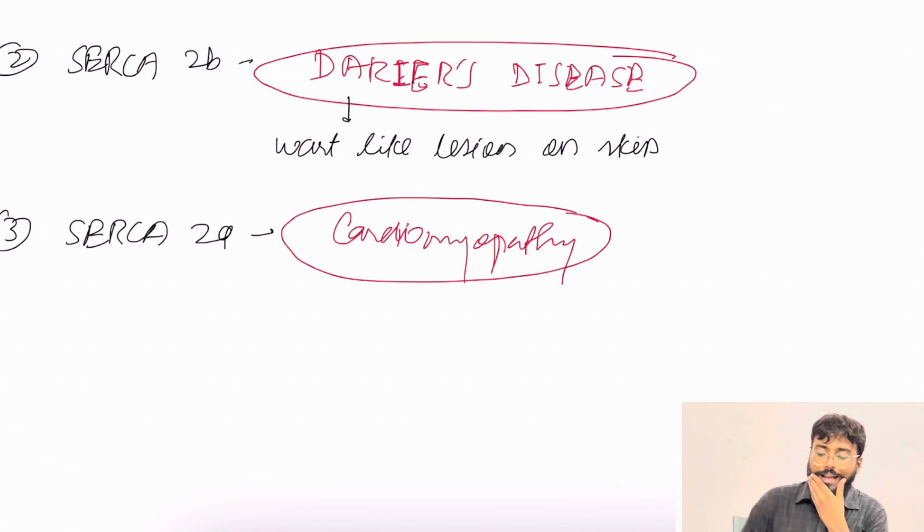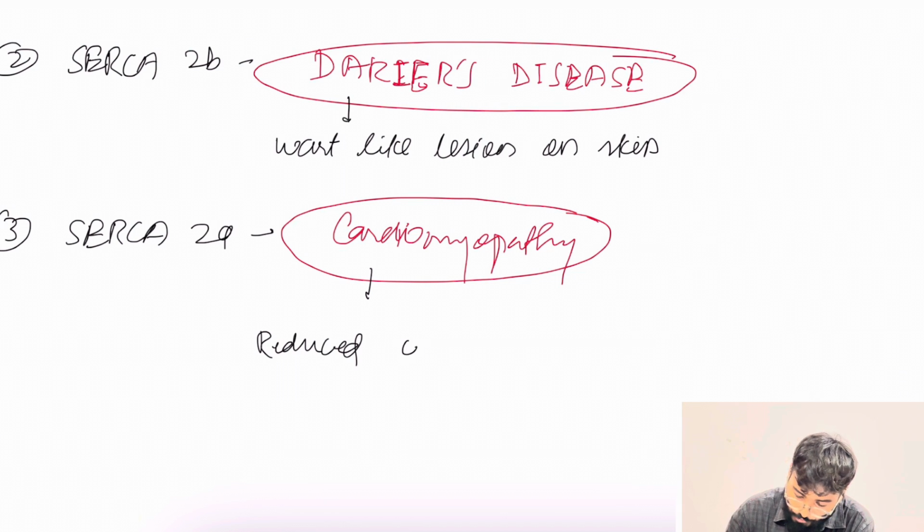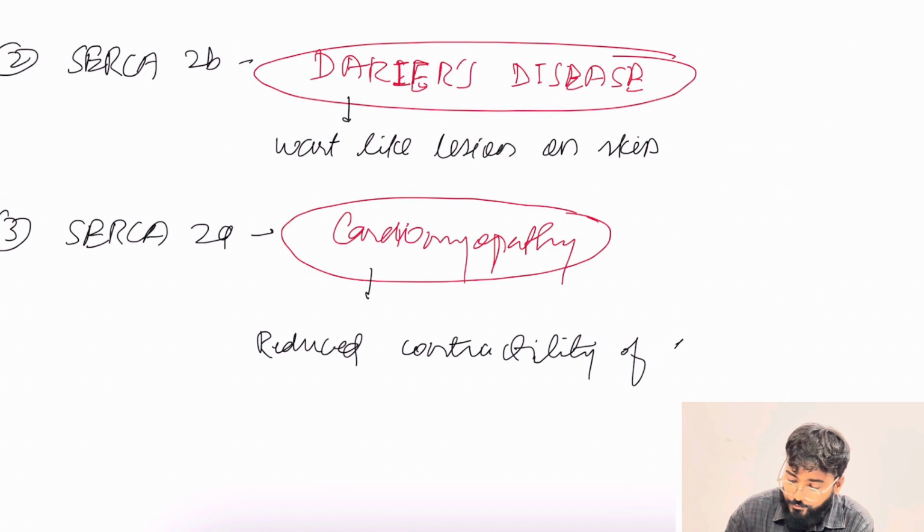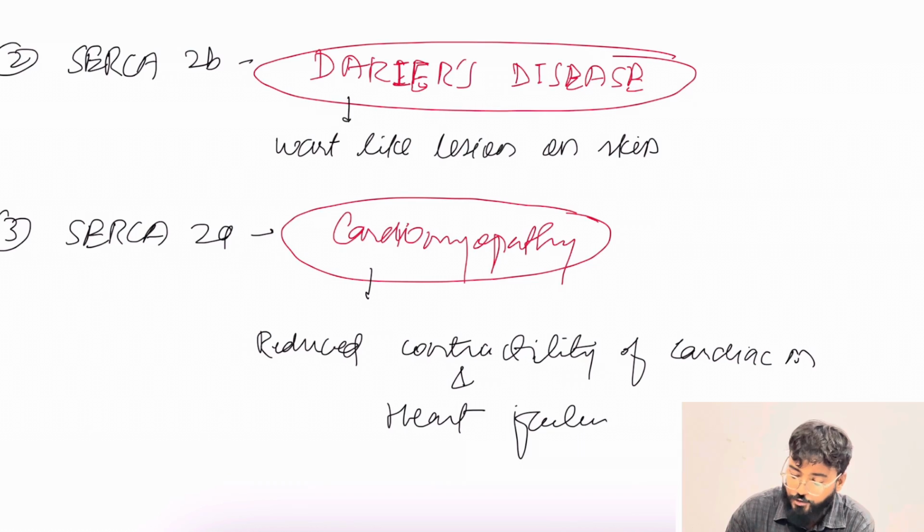What will happen if SERCA 2A is defective? You will get cardiomyopathy, and you will see a reduced contractility of cardiac muscle and also heart failure.